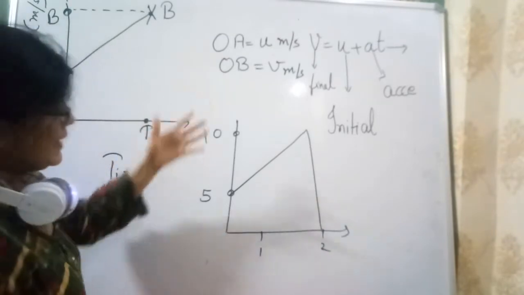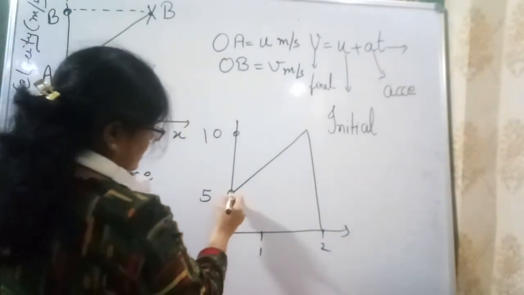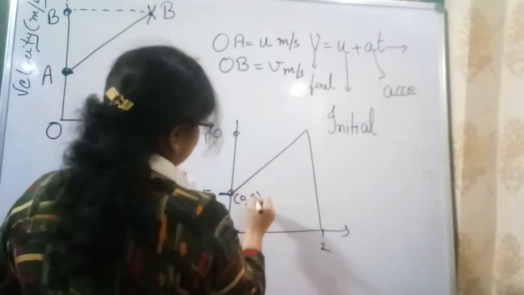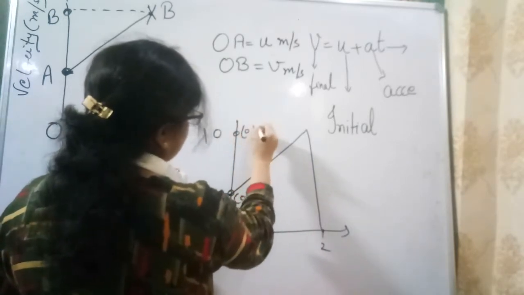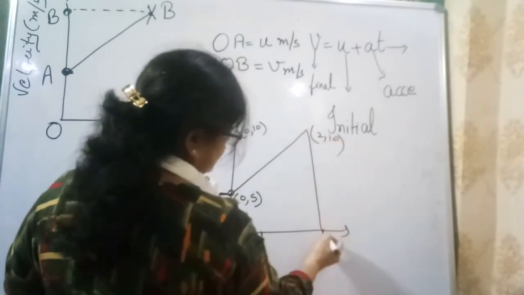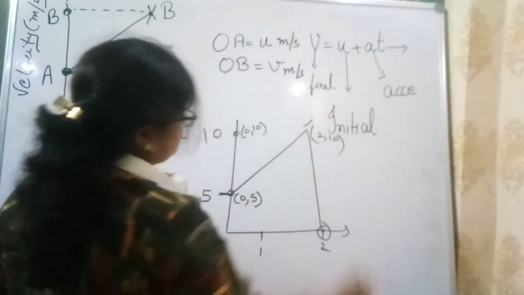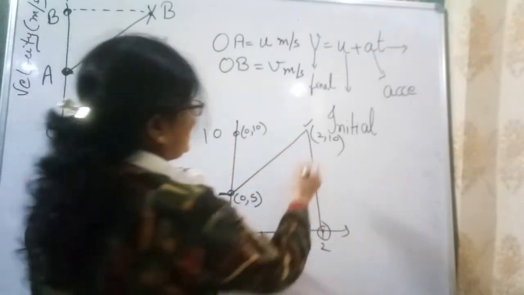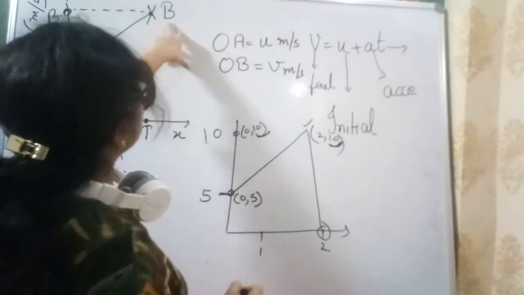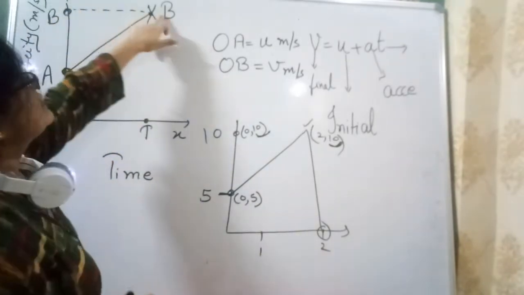By the graph, you can see here the value is 0, 5, and here the value is 0, 10. But here the value is 2, 10. In this way, the value 10 is also there, the value 10 is also there. That means the final velocity is the same.